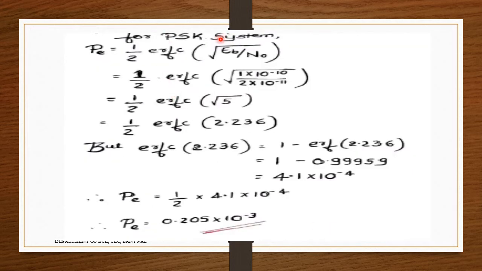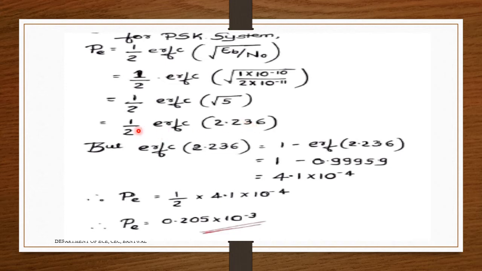So for a PSK system, P is equal to 1/2 into the complementary error function of square root of Eb by N0. We know Eb, substitute 1 into 10 to the power of minus 10, and N0 is 2 into 10 to the power of minus 10 (sic). So that is half into the complementary error function of square root of pi. So what is the square root of pi?